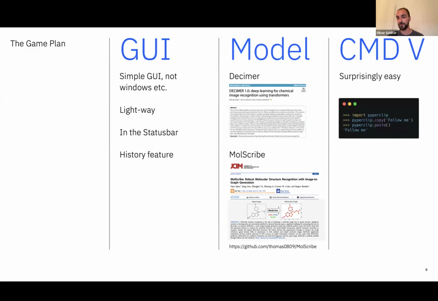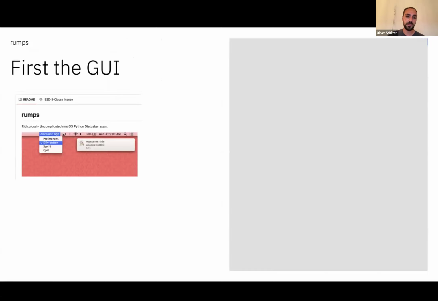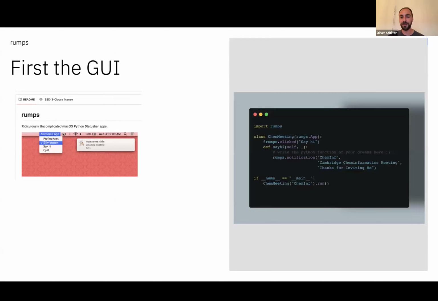It's just 2 lines of code, lucky me. I just have to install this package, and you can basically copy and paste from Python into your clipboard. With this, I set out to look at GUIs, and I settled for rumps, which stands for Ridiculously Uncomplicated macOS Python Status Bar apps, and they fully deliver on their promise of being ridiculously simple.